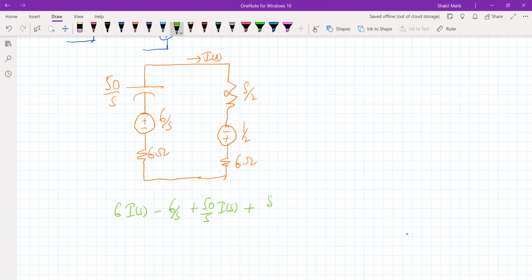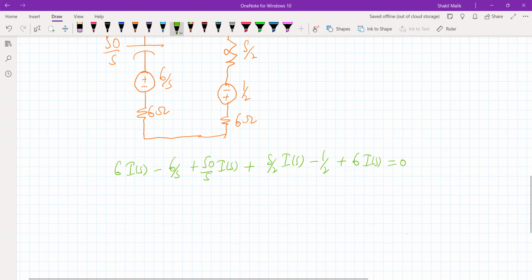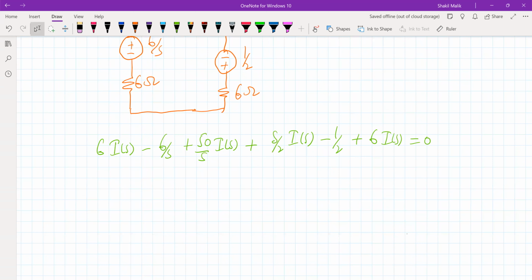So it will be S by 2 times I of S minus 1 by 2 plus 6 I of S equal to 0. Sorry, it's not 6, this is 3. This is a 3 ohm resistor.